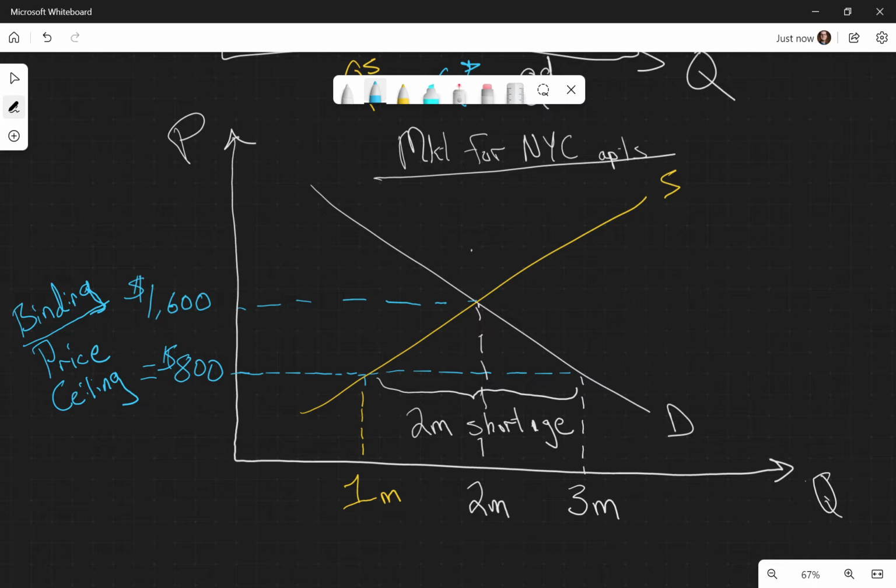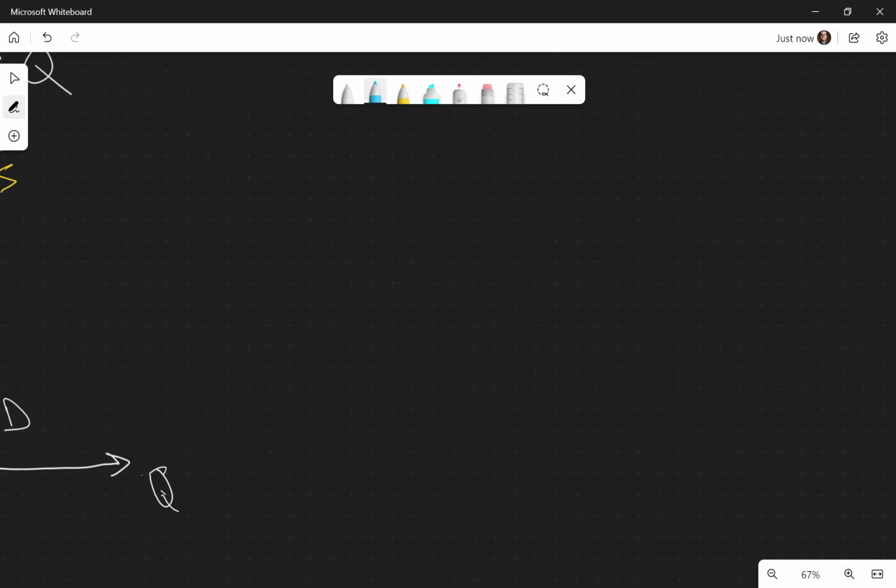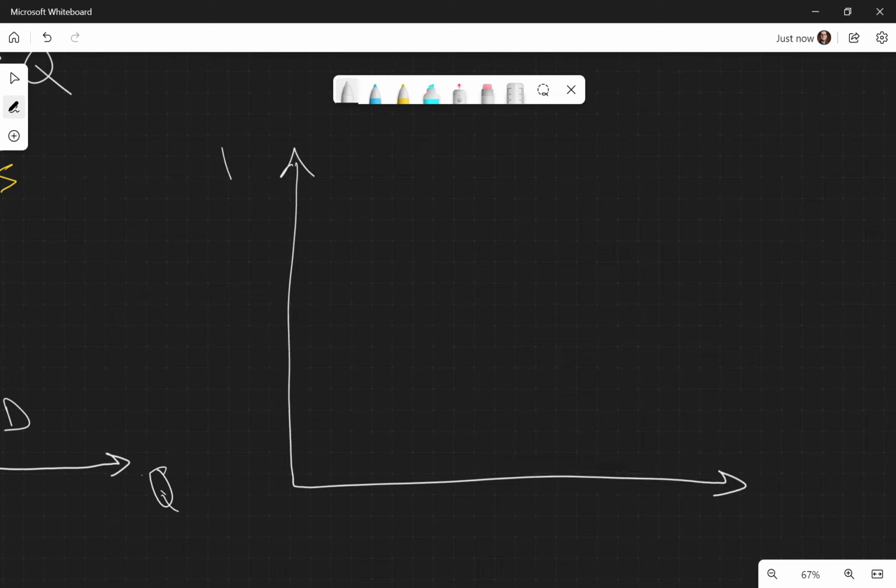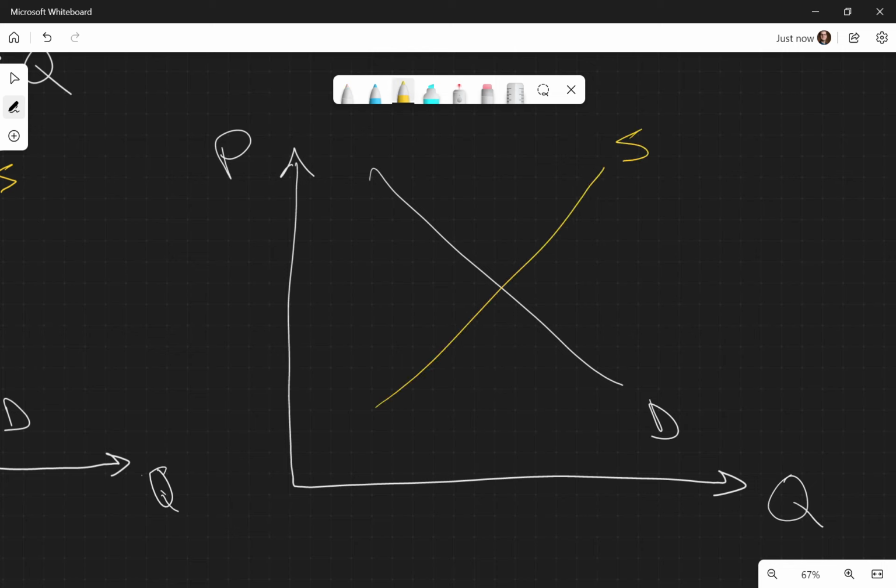So real quick, just as an aside, what's a non-binding price ceiling look like? So let's say that the city of, I don't know, Rapid City decides to do a similar kind of thing, but let's say they don't do a lot of economic analysis in terms of the rental market and things like that, right?